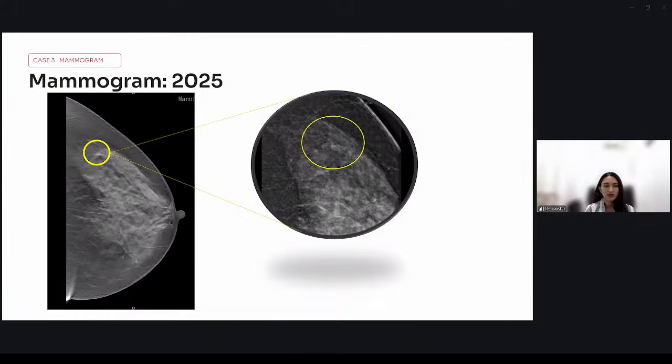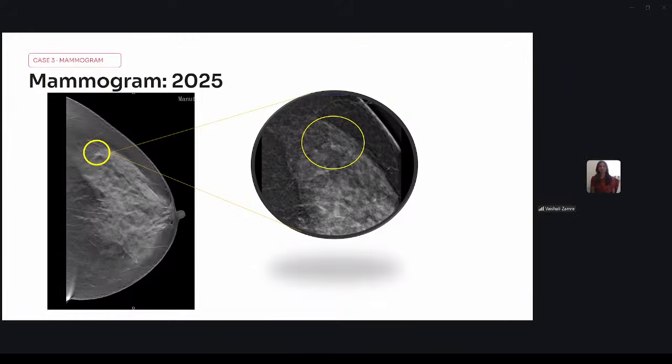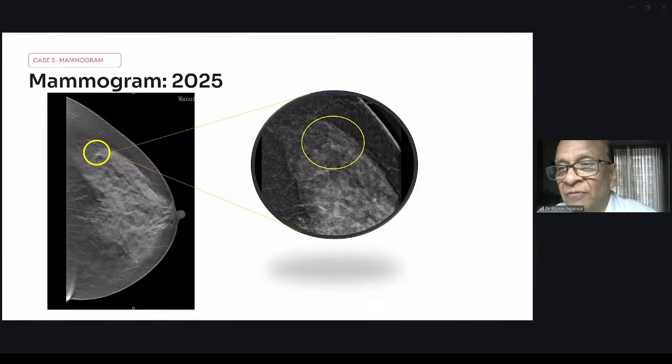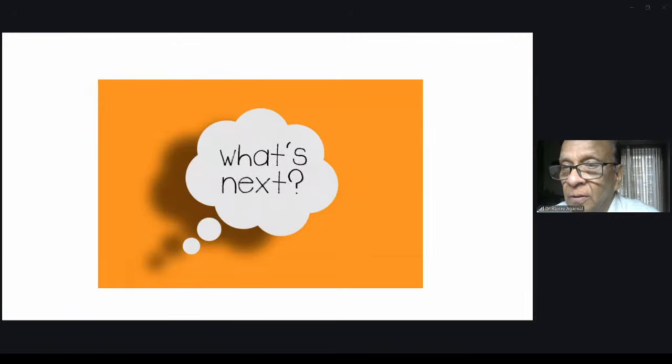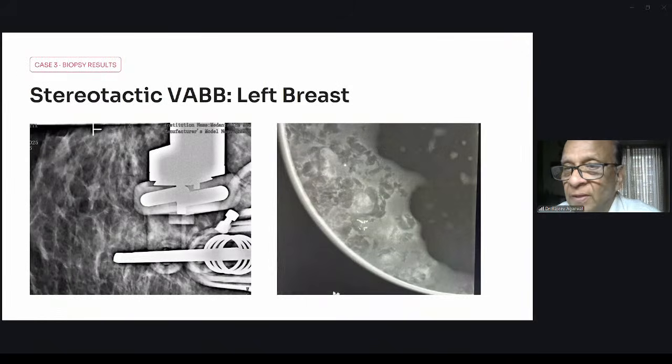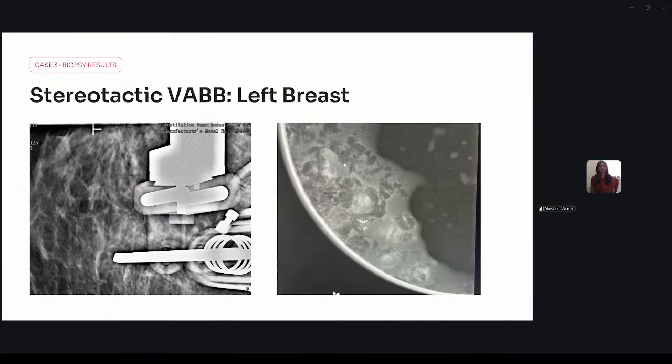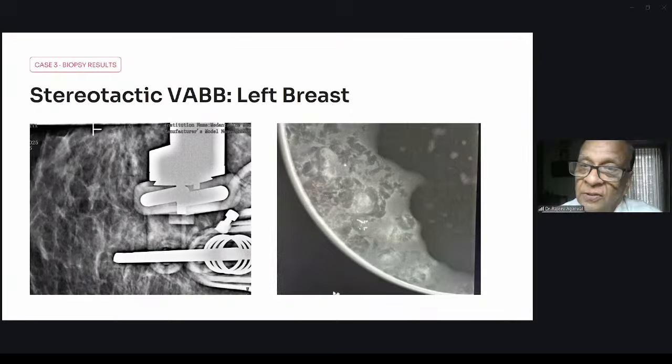Post margins. The specimen mammogram. Whenever we do any biopsy from microcalcification, we always do a specimen mammogram, to see whether we have taken out representative tissue or not.